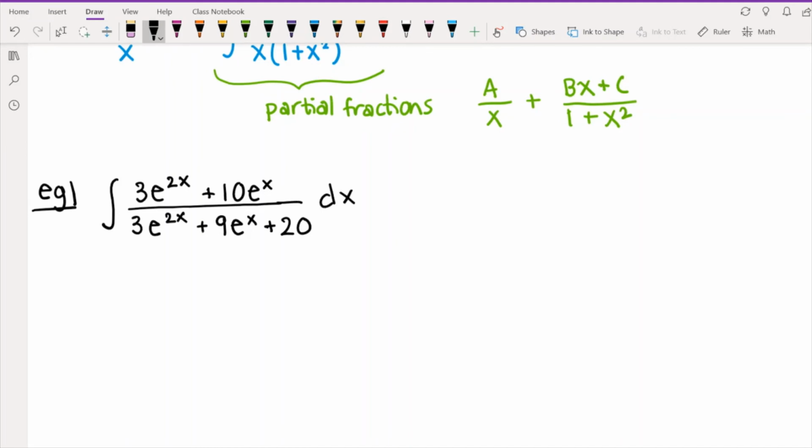So what does this function kind of look like? Well, it's not a rational function, but it kind of resembles one, right? It might remind you of the ones that we were doing in the last couple of videos about partial fractions, right? Because we're basically adding up different powers of e to the x.